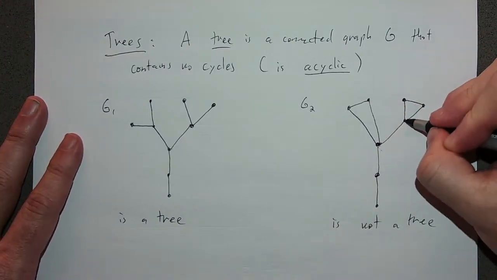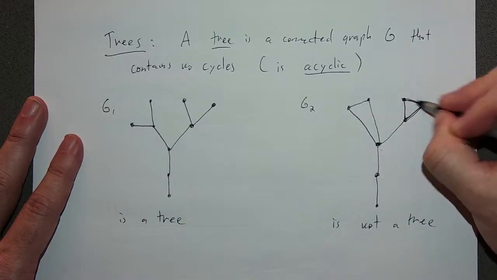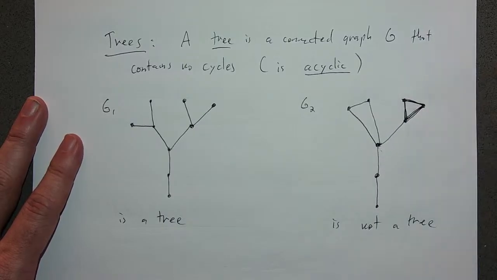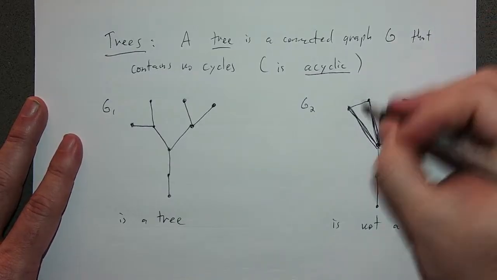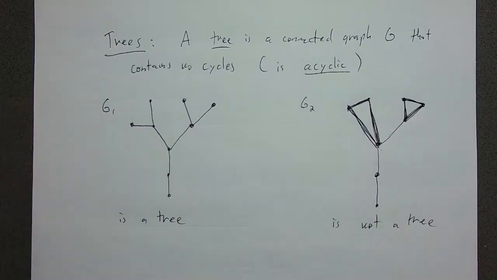This contains that cycle. That would be enough to make it not a tree. It also contains this cycle. Okay. Next time, we will talk about the significance of this and why this is an important property to consider, and why a tree is an important type of graph to think about. Some of the special graphs that we've already mentioned are trees, and some are not. Right? So, for instance, a cycle is not a tree, but a path is.